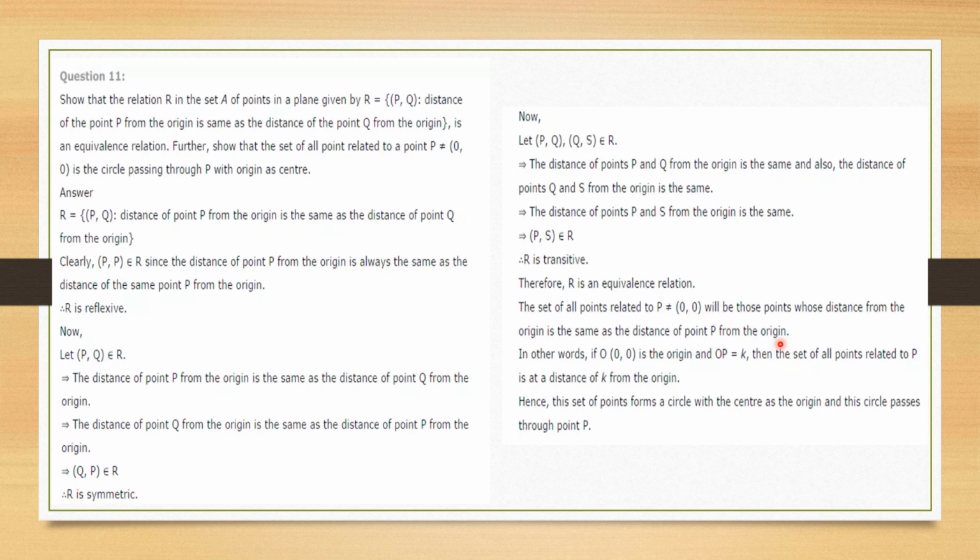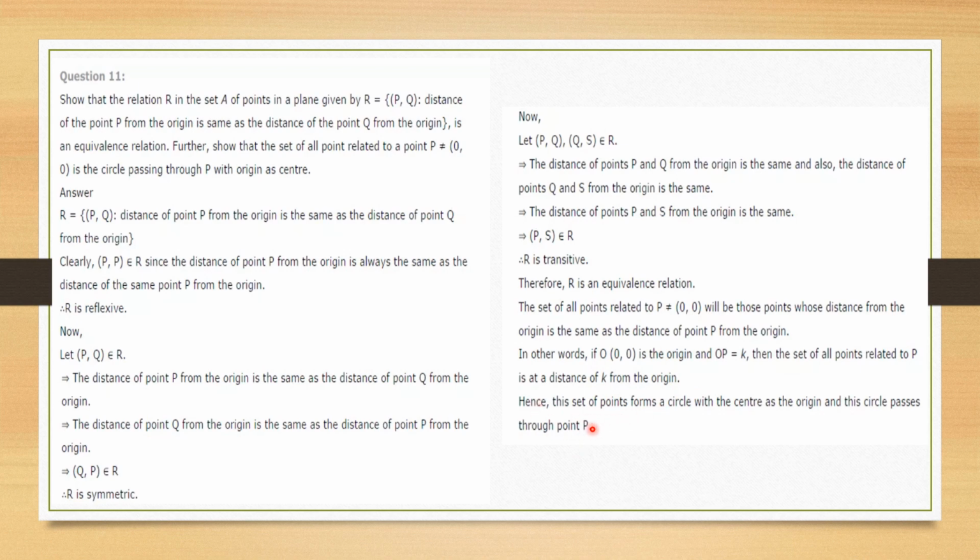Now remember, in a circle there is a center, and any point on the circumference has a constant distance from the center. (0, 0) is the origin, and OP is equal to K means this distance is constant for every point in the set, and you know this distance is fixed only in the case of a circle.